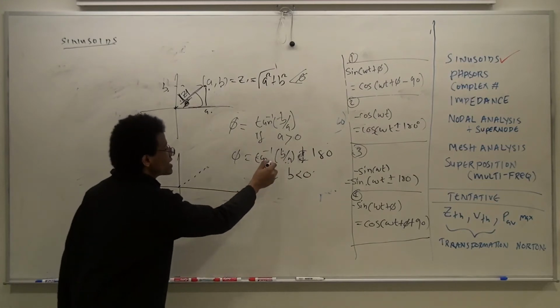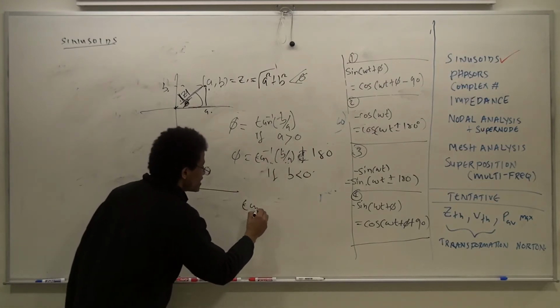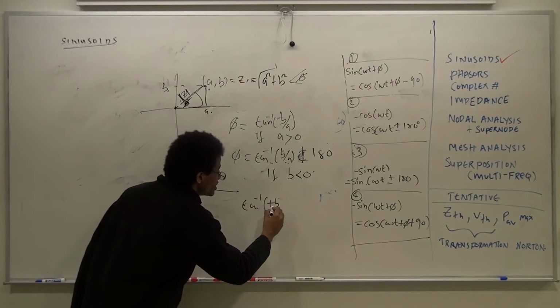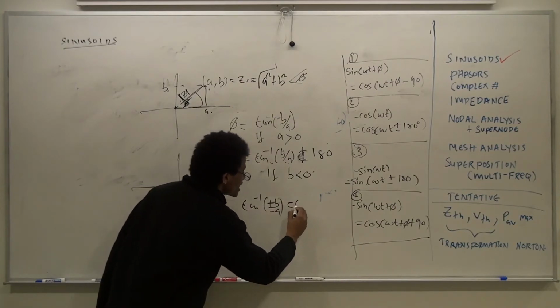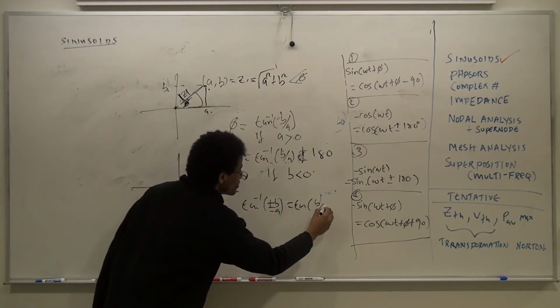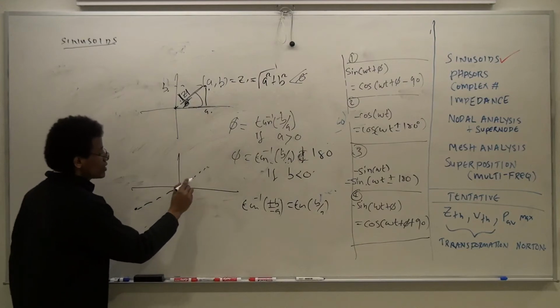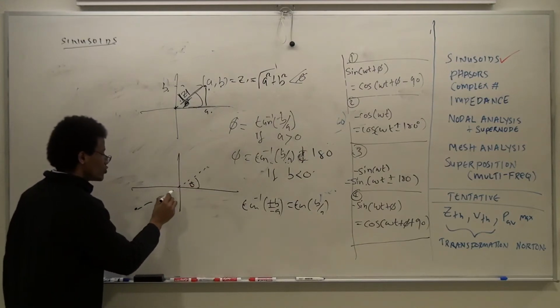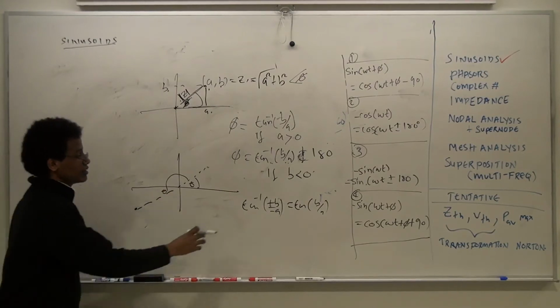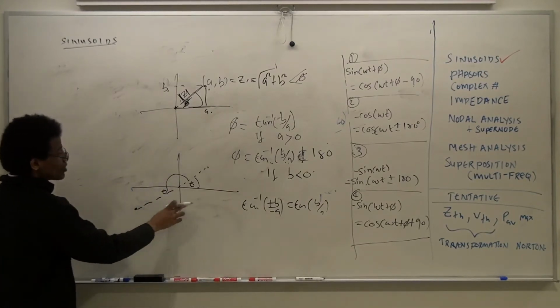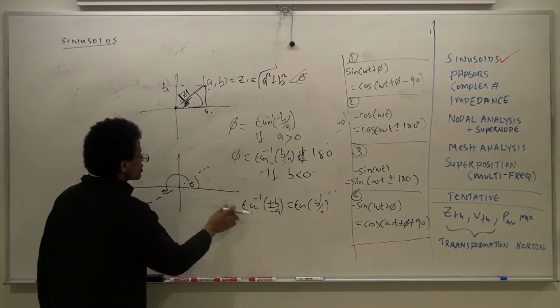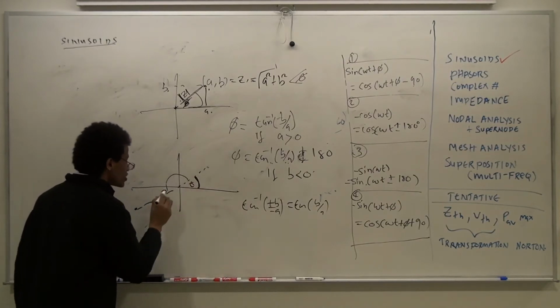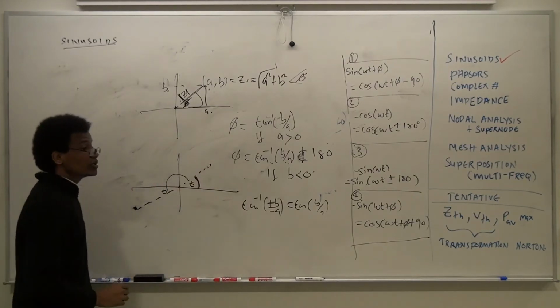So tan inverse of negative B over negative A is the same as tan inverse of B over A. But graphically, these two are not the same thing. You've got one that's here, and one that's all the way here. When you plug this into the calculator, it is always going to give you this value, regardless of which situation you're in.